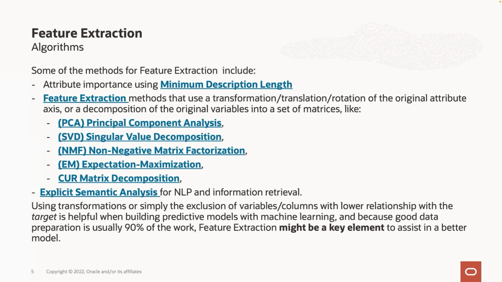Those are PCA, singular value decomposition, non-negative matrix factorization, expectation maximization as well, because we use that for attribute dimension reduction, and I'm going to show you an example. And then we have the CUR matrix decomposition as well, and then the explicit semantic analysis, which is for NLP and information retrieval, and that's what we're going to see the next time.